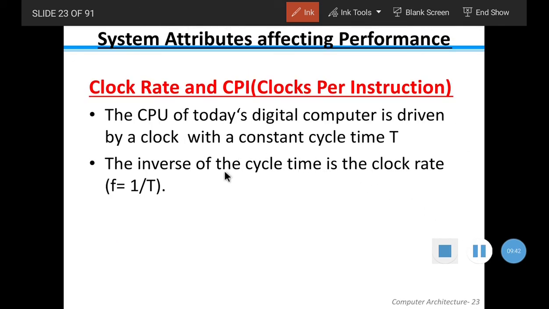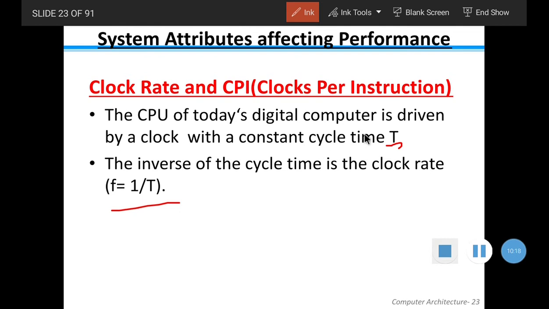Clock rate and CPI, which is clocks per instruction, also affect the performance of the system. The CPU of today's digital computer is driven by a clock with a constant cycle time t. The inverse of cycle time is the clock rate, that is 1 by t, so frequency is equal to 1 by t.